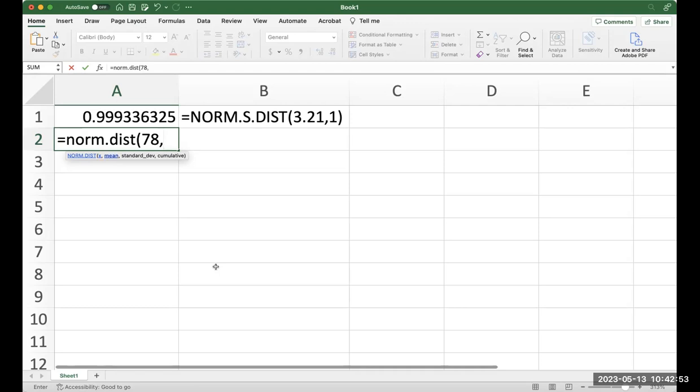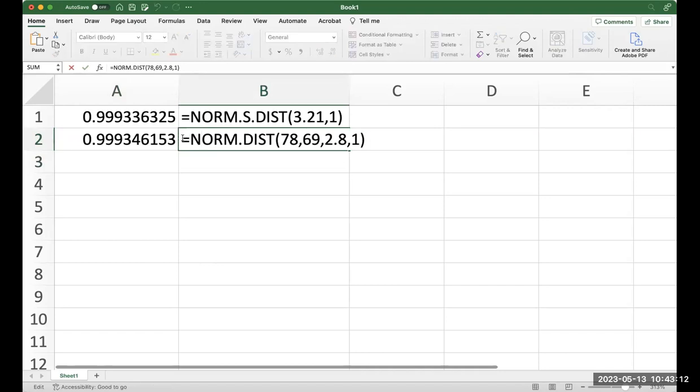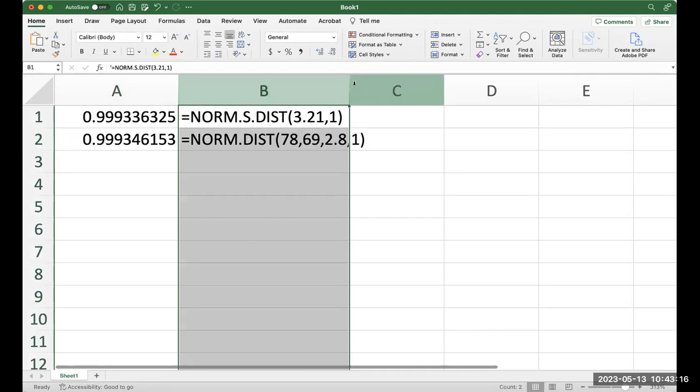The mean is 69, and the standard deviation is 2.8. And then again, I tell it cumulative. I want it to add up things. So I get the same answer. So that's how you can do that.